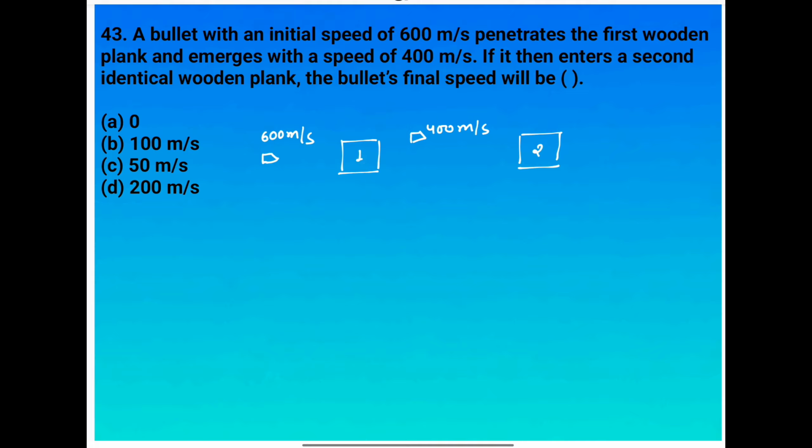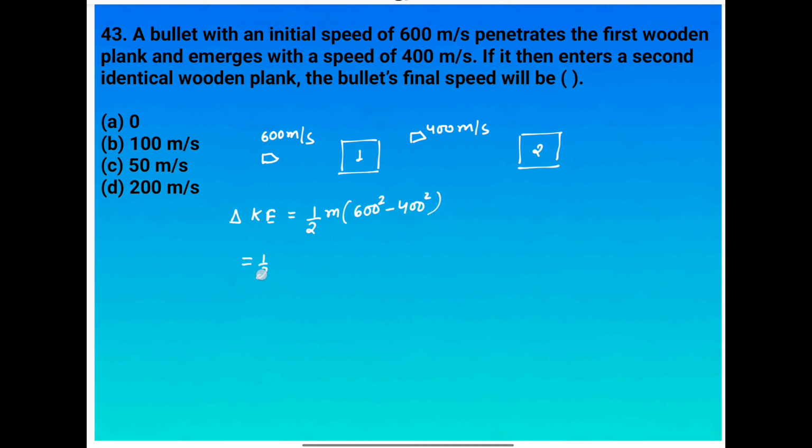So first we have to find how much kinetic energy is required to penetrate this block, or how much work is done by this bullet. We know that the change in kinetic energy will be equal to work done, by using the work energy theorem. So the change in kinetic energy will be equal to half of m into 600 square minus 400 square.